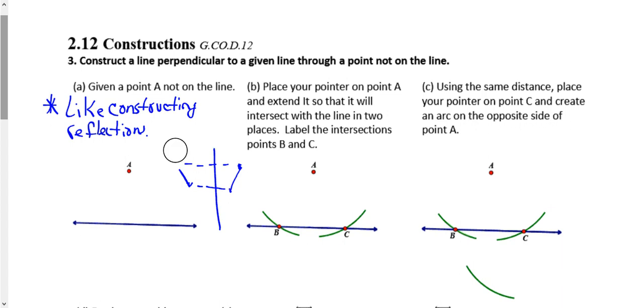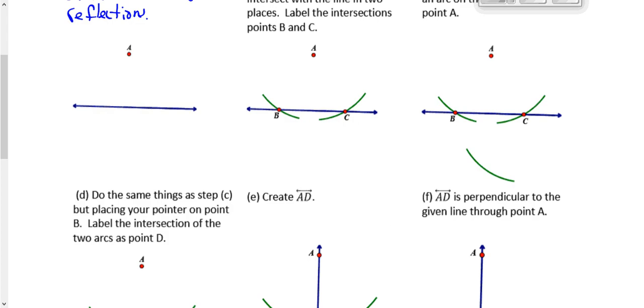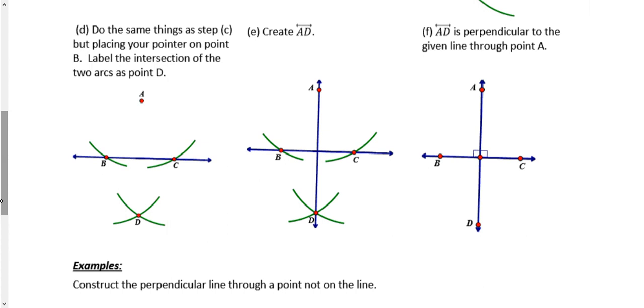But then the reflections went the opposite way. All right, so read through this. They put their compass up here on A, opened it up, and when they swung it around, they got two intersection points, right? They don't change their compass size. So one of these intersection points, they put the compass on here, make a little arc, right? But we need another one to intersect it. Where did they get it? Put the compass over on this one.